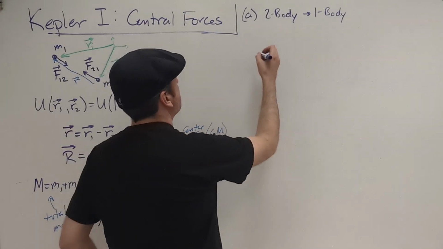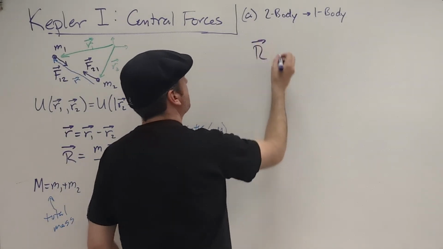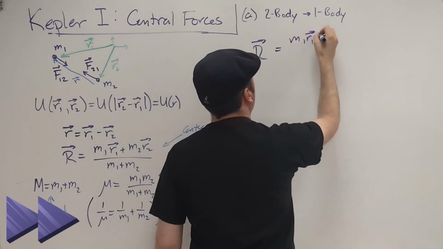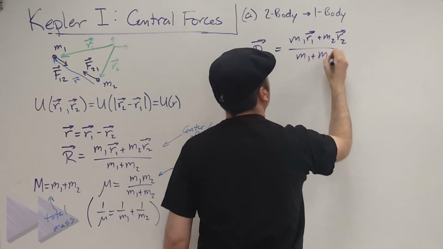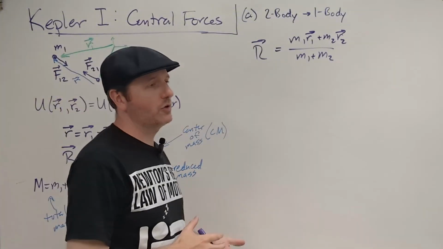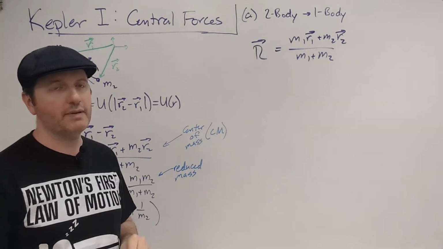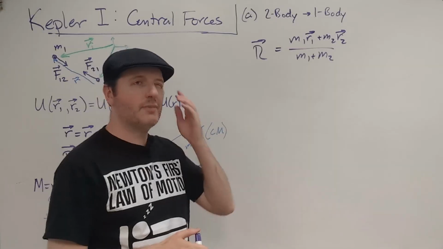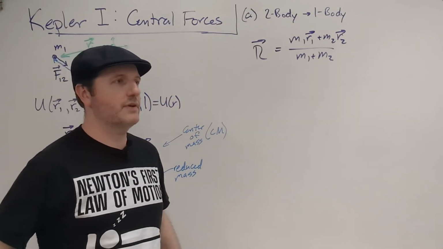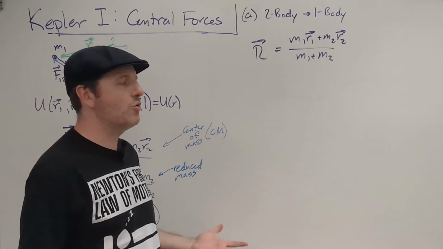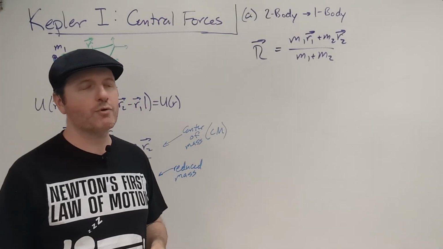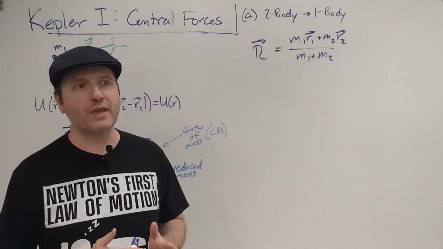So I'm going to start doing this by rewriting my center of mass coordinate. And now I want to take the second derivative of this. I will invoke Newton's third law to make this vanish. So you might say, well, are we allowed to use the third law? The third law is equivalent to conservation of momentum, which we haven't really shown here, but it is one of the base laws of Newton, so I'm going to invoke it here.